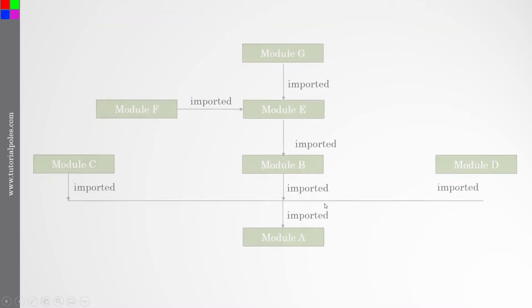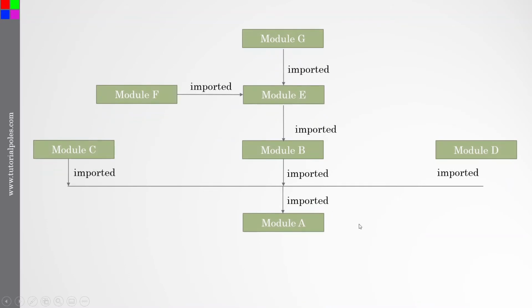Let's also see another example. Again, we have a couple of modules which are importing each other. Module A imports B, C and D, and then module B is importing E and E is importing F and G. Let's first see what providedIn root does here. It says add the current service in the providers of the root module, that is app module in our case.